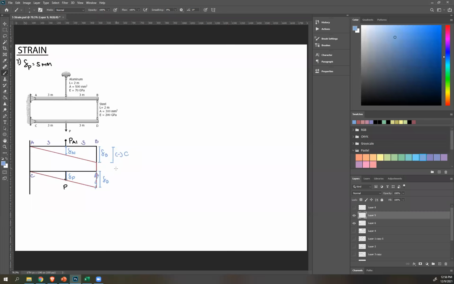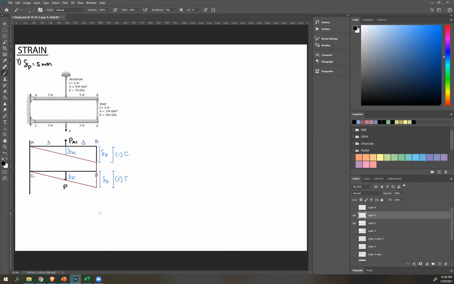And then at this part, this is where your steel ended, and then it went here. So your steel elongated. So that's a positive deformation because it's in tension. Okay? So now that's your free body diagram. You can leave it as that for now. So that's how you can create a relationship between all of your values.